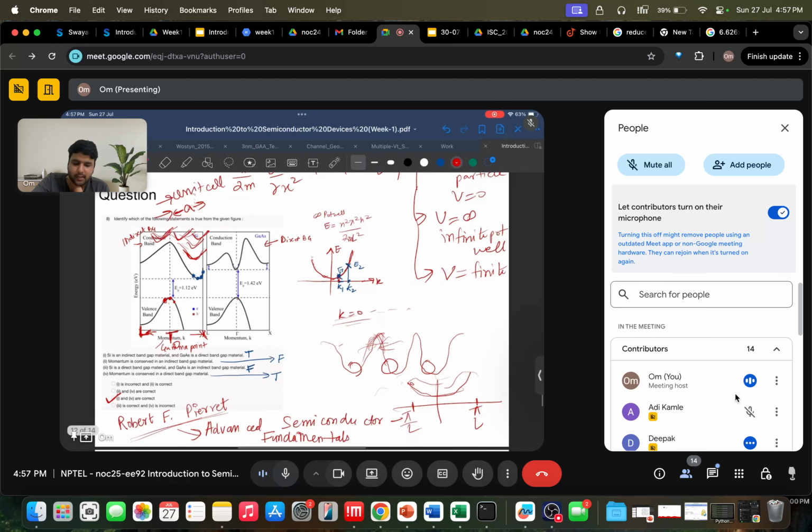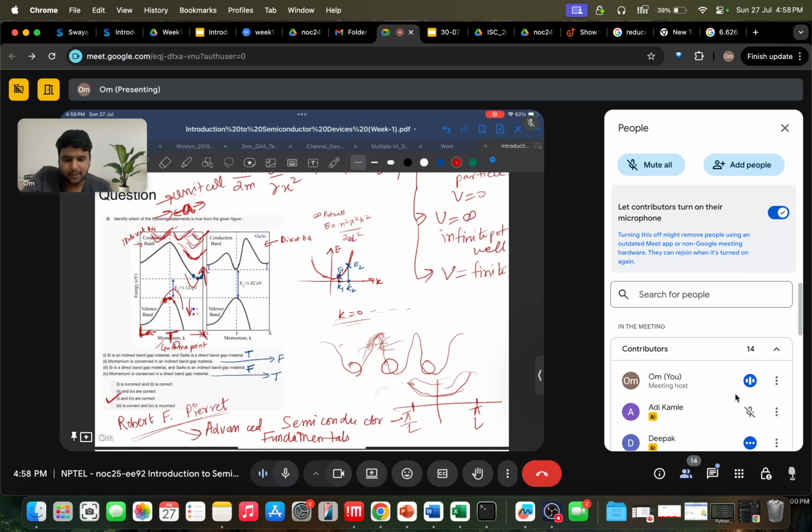Let's say you still have silicon, but you compress it or apply some stress on it so that its lattice constant or its interatomic distance changes. Then your conduction band and valence band change. They come closer or go far apart. This is very actively used in transistor technology, where we apply a particular strain in the silicon so that we can increase or decrease the band gap or change the band structure to get higher mobility or whatever suits our purpose.